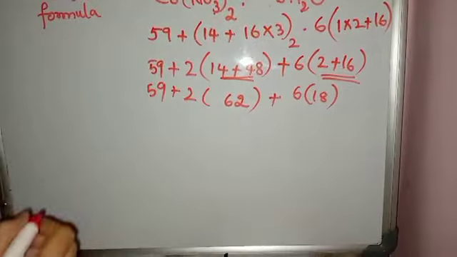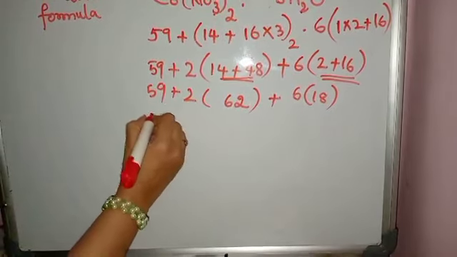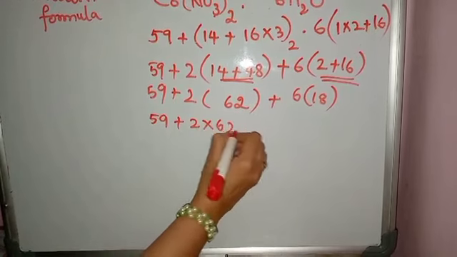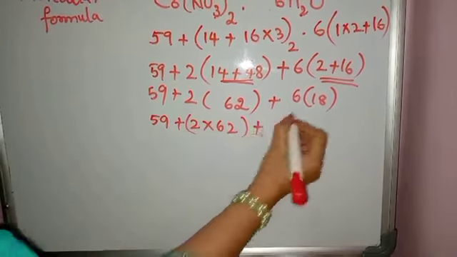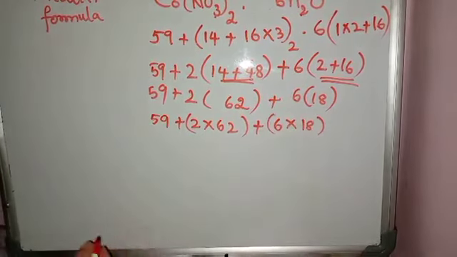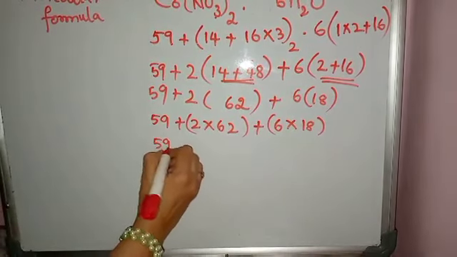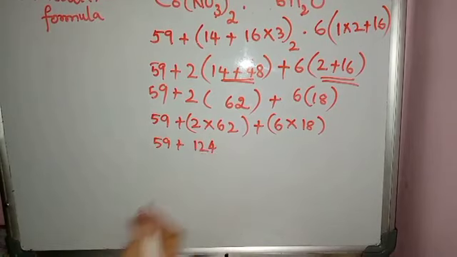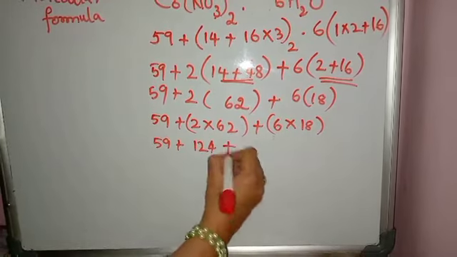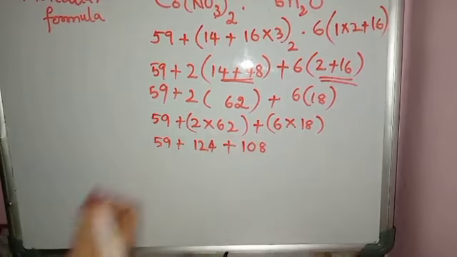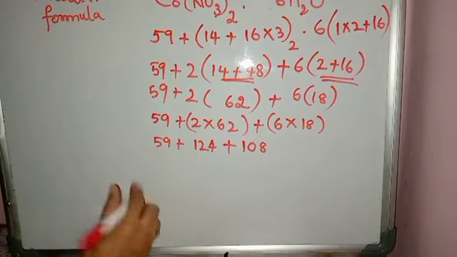Is it okay? Come on children, calculate it. Pause. Next, 59 as it is plus 2 into 62 plus 6 into 18. How much will that be? Plus, 2 2s are 4, 2 6s are 12. Is it correct? Plus 16 into 8 will be 108. Now add all these things.